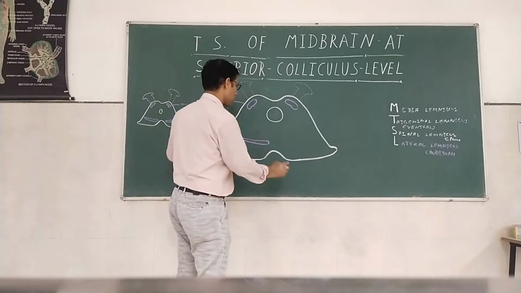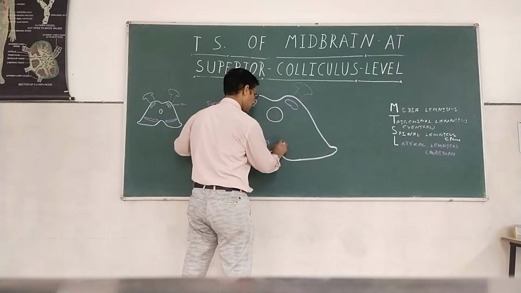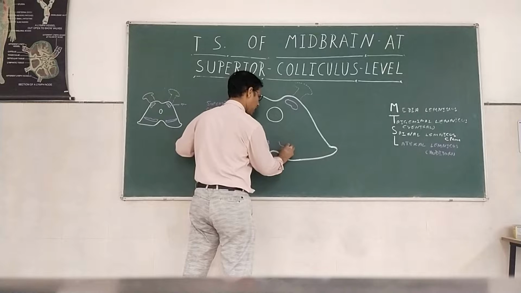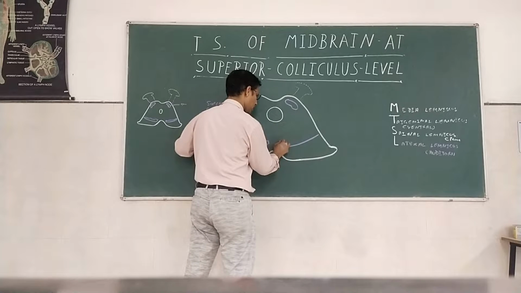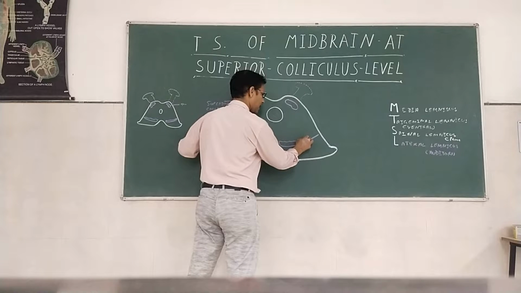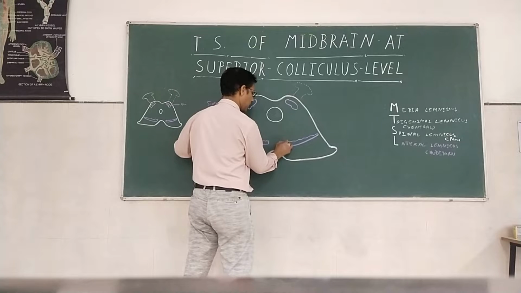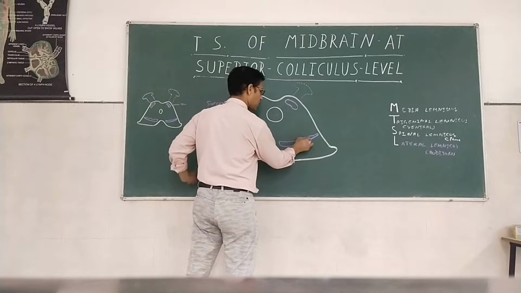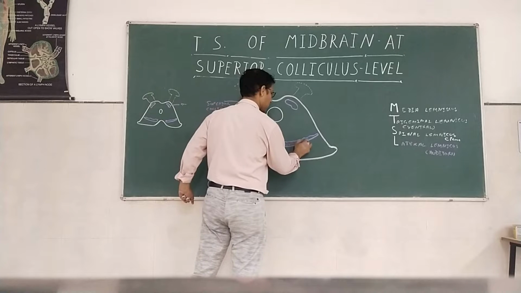This is separating the crus part. Again, this is the substantia nigra, which is curvilinear, broader on the medial side, and this part is associated with the function of the basal ganglia. The dorsal part is pars compacta and the ventral part is pars reticularis.